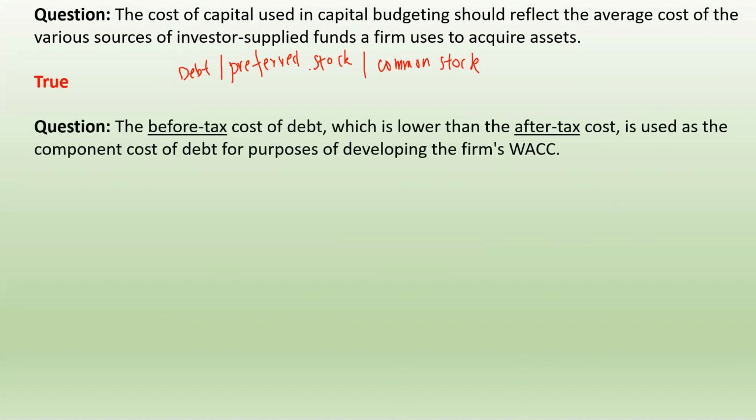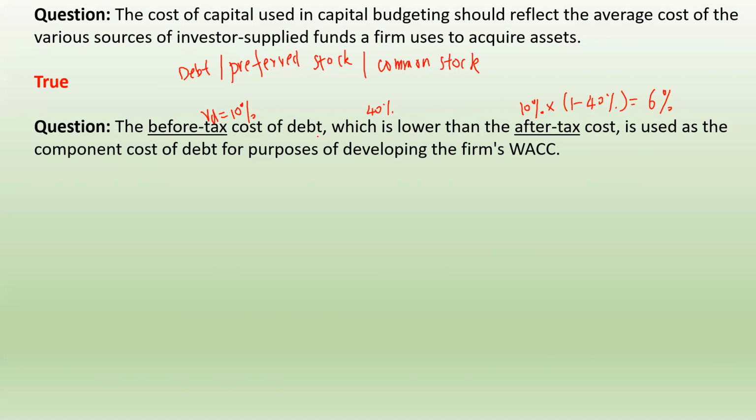The before-tax cost of debt is higher than the after-tax cost. Remember, the before-tax cost of Common Technologies is 10%, and the tax rate is 40%. So the after-tax cost is 10% times 1 minus 40%, which is 6%.